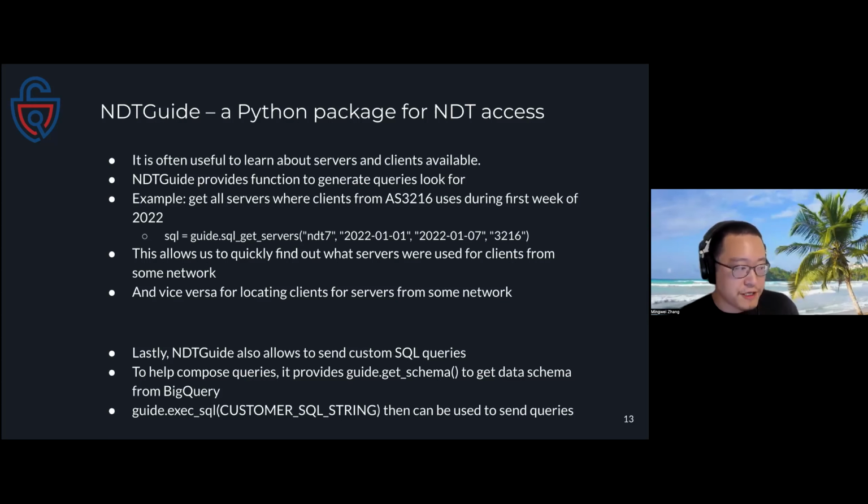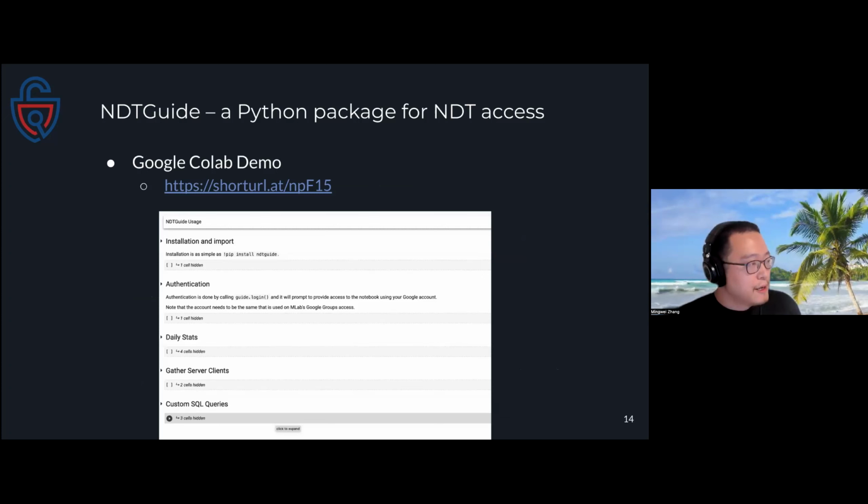To use it, you can just run the execute SQL command and embed your SQL strings there. Everything that is returned will be a data frame, so it will be easy for analysts to plot the results, or do further analysis based on data frames.